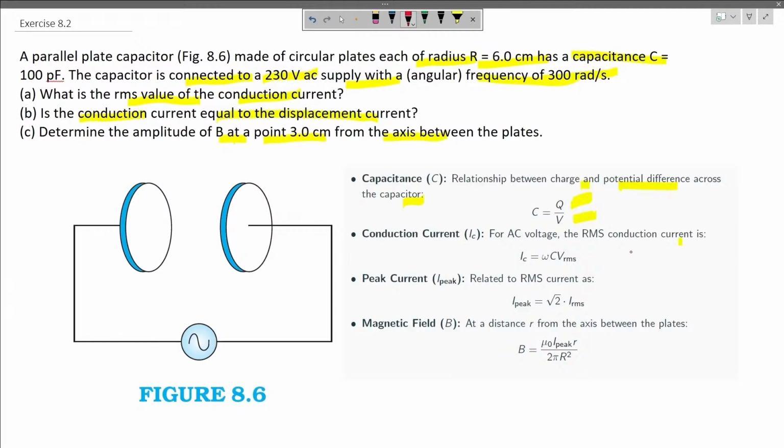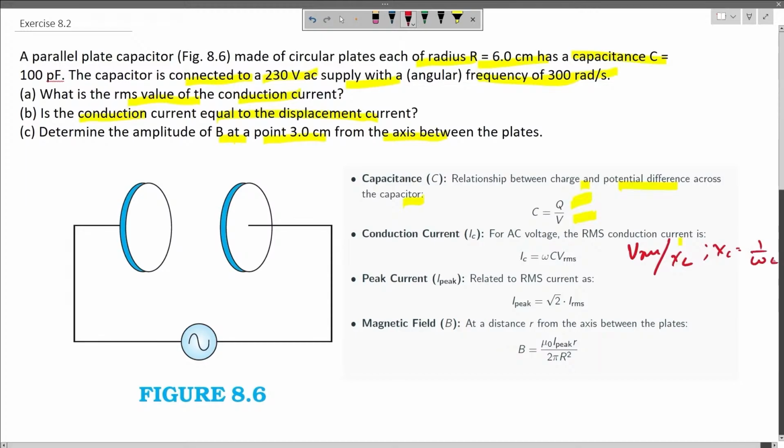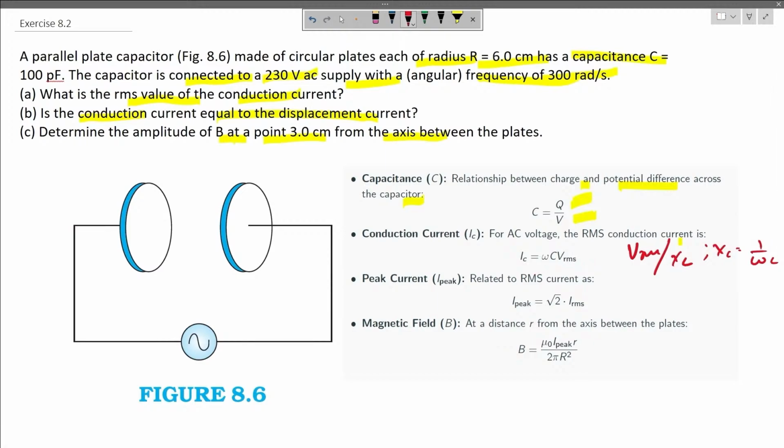It comes from V RMS divided by the impedance X C, and we know that X C for a capacitor is 1 by omega C. So we get the conduction current as omega C V RMS, and the peak current is related to the RMS current as I peak equals root 2 I RMS. The magnetic field at a distance r from the axis between the plates is mu naught I peak r by 2 pi R square, where r is the distance of the point from the axis of the plate, and capital R is the radius of each circular plate.